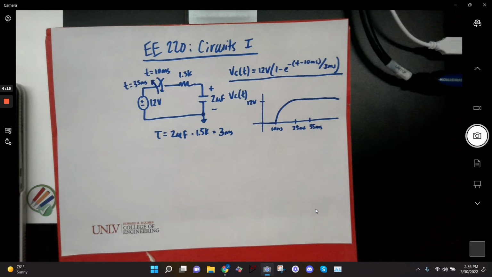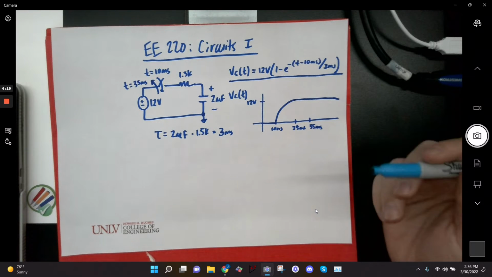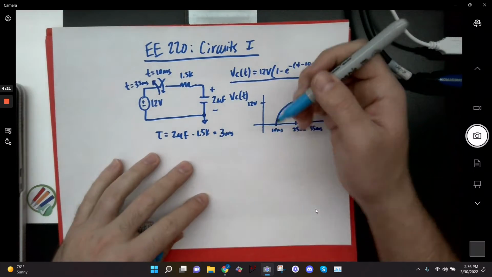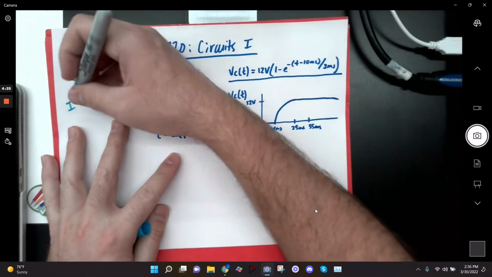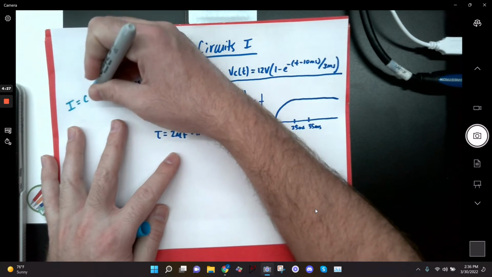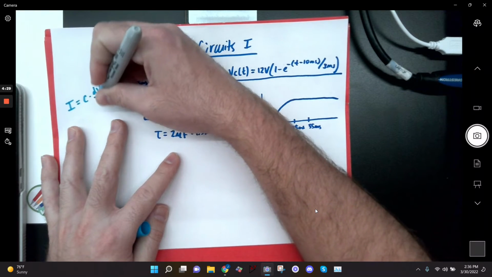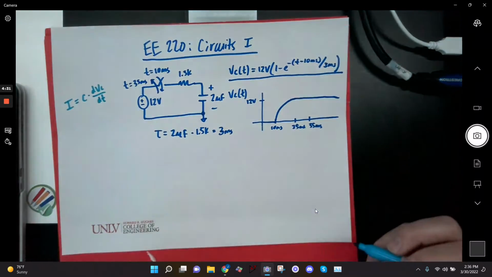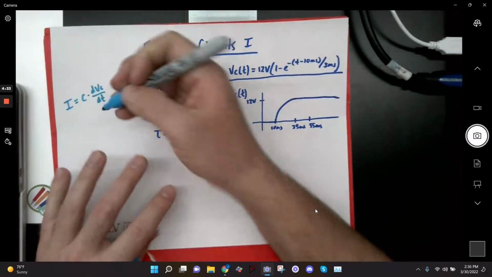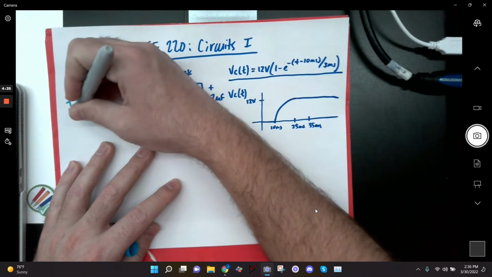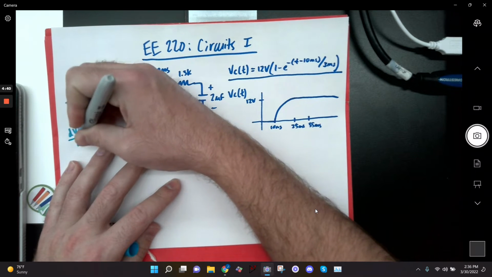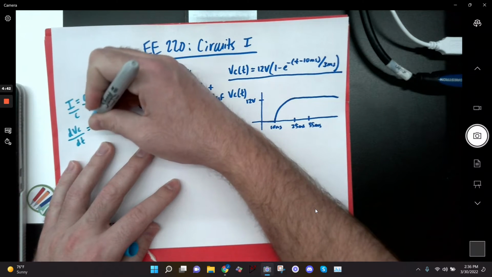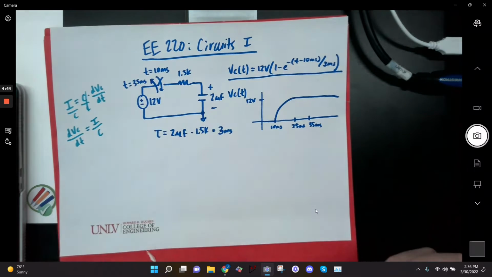And for those of you who know, I'm going to explain it anyways. Everyone remembers that the current flowing in a capacitor is equal to C times the rate of change of the voltage across the capacitor, right? Well, I can rearrange this equation by dividing by C, and I get that the rate of change of the capacitor voltage is current over capacitance, right?